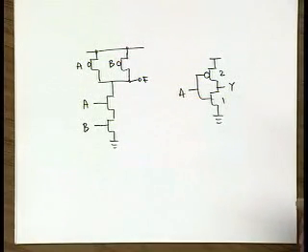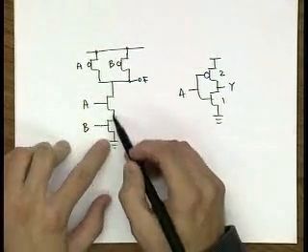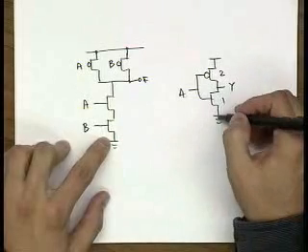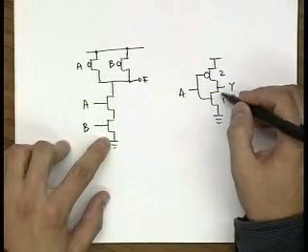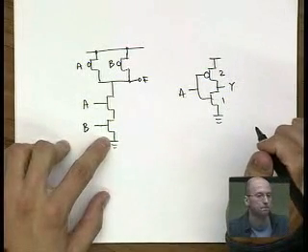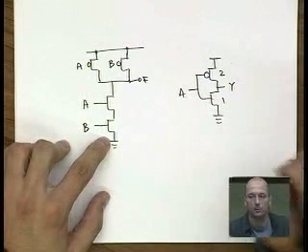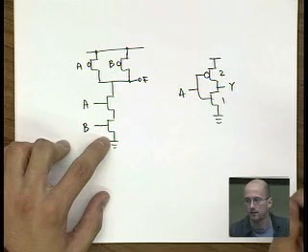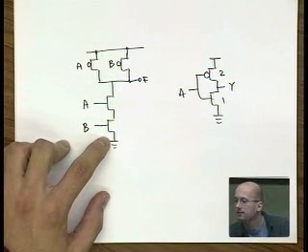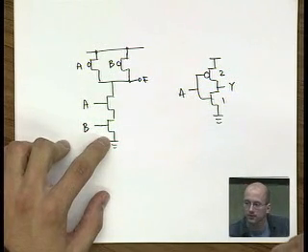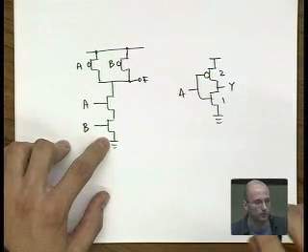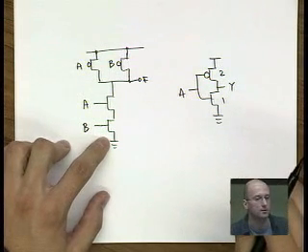Now, question for you. How would you size these two pull-down transistors to have the same equivalent pull-down resistance as an inverter? Talking only about resistance here. What happens with the resistance when you put 2 transistors in series?